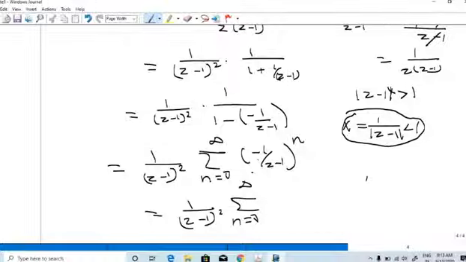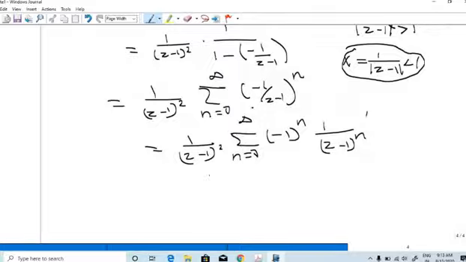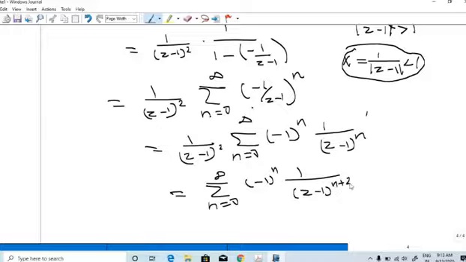If you take the minus outside, we get (-1)^n/(z-1)^n. Now multiply by 1/(z-1)^2 inside, so we get the summation n = 0 to infinity of (-1)^n/(z-1)^(n+2). Now the question is, what is the coefficient of 1/(z-1)?